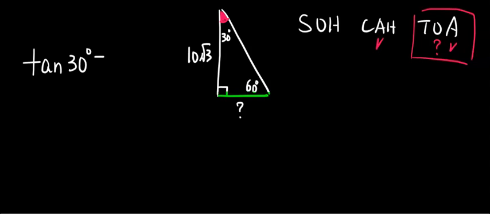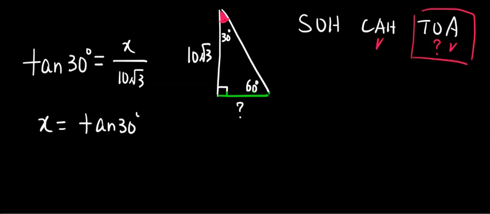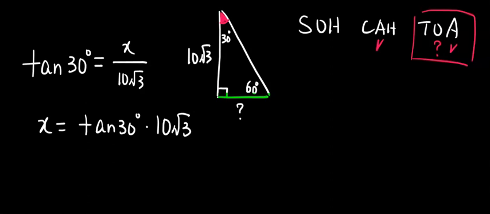Tangent 30 degrees equals opposite, which we don't know, over adjacent, which means x is tangent 30 times 10 square root 3. Once again, don't use the big chart in your textbook, the trigonometric ratios, because you will get a decimal. And don't pull out your calculator trying to convert the decimal.